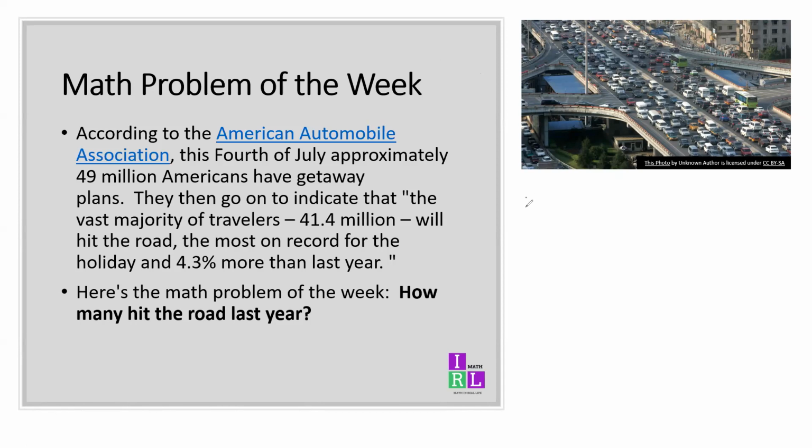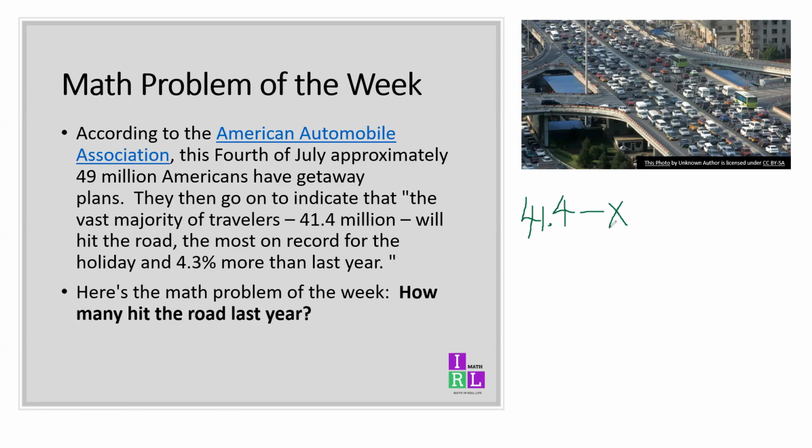Okay, so we do know that there's 41.4, and I'm just going to use 41.4 for right now. So we do know that there's 41.4 million, right? I'm not going to write all the zeros until we get to do some more math. We know that there was a number last year and it was less than 41.4.